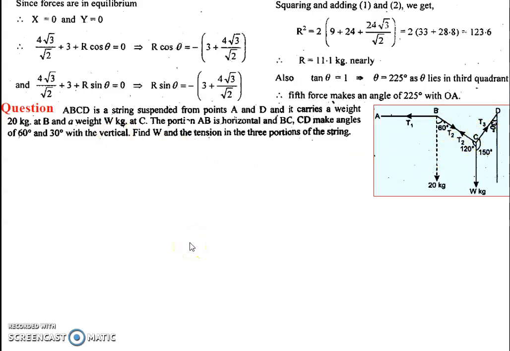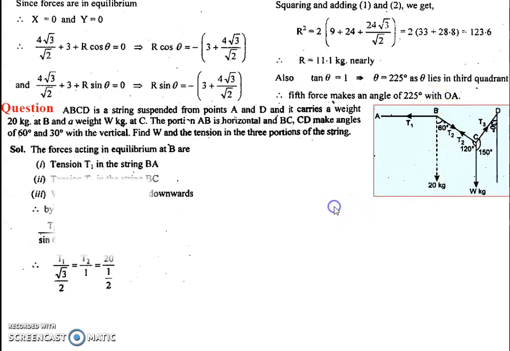Be very careful here about the angle they make with the vertical. I repeat, angle with vertical means angle with this line. Angle with horizontal means angle with this line, the x-axis, and angle with the y-axis, and the angles here are 60 degrees and 30 degrees.